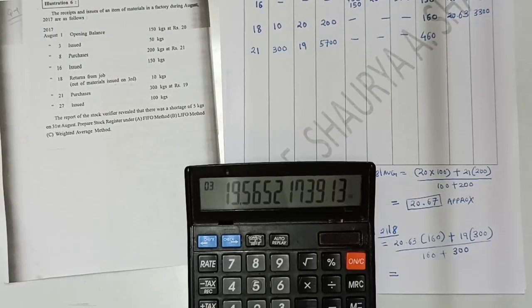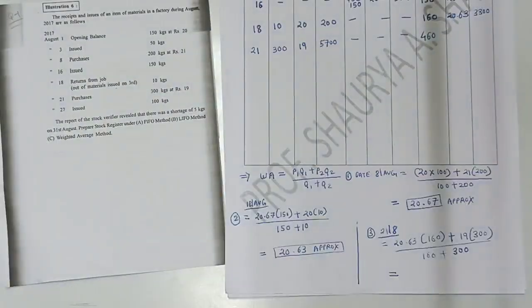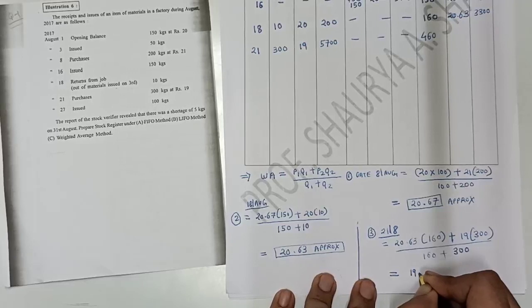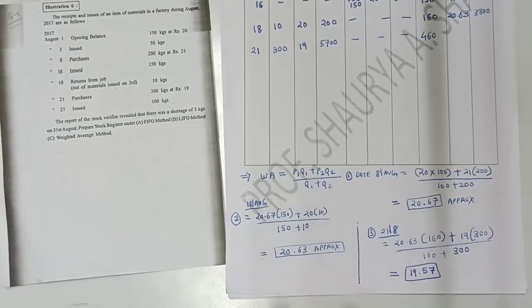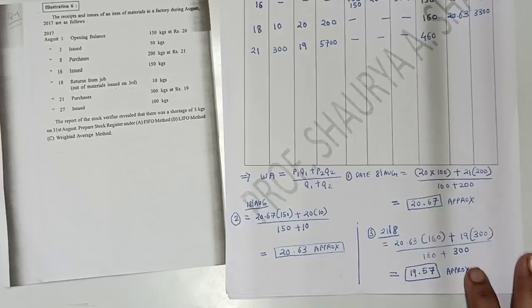So on an average, you are getting 19.57, I can say, right? So 19.57 is the approximate price of that material, right? So again I'll write down approx here, 19.57.